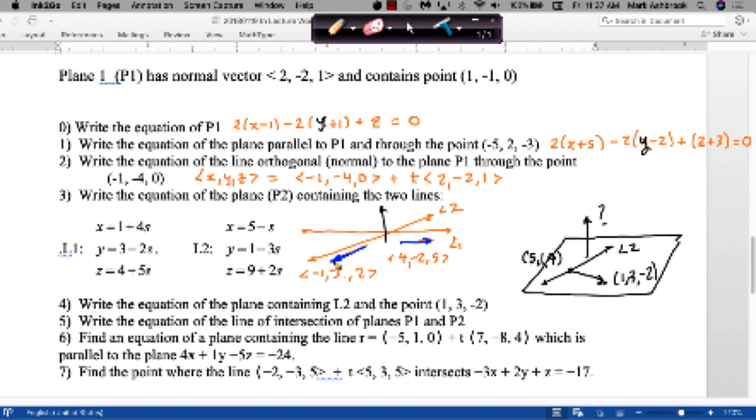L2 is a line, but I need a vector parallel. So what's the direction vector? I can use the direction vector for L2, -1, -3, 2. I just found two vectors parallel to my plane: the direction vector of the line, and a new vector that I made from the point on the line to the other point on the plane. Cross product. Boom. Got it. Normal vector. Do you follow?